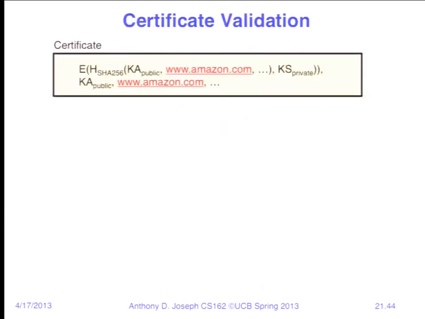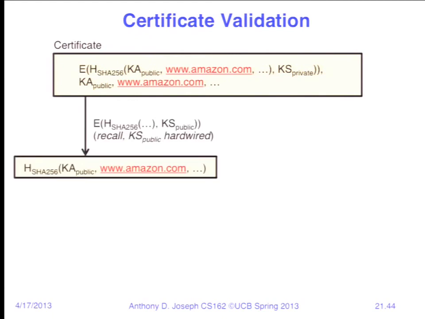Okay, so assuming we don't have fraudulent certificates, assuming we have valid certificate authority keys, can we verify a certificate? The answer is yes. Here's how we're going to do it. We take this certificate, which contains all this information, like the public key of Amazon, and contains this hash that's signed with the certificate authority's private key, and we're going to decrypt it with the hardwired public key.